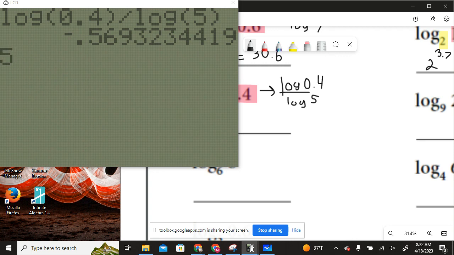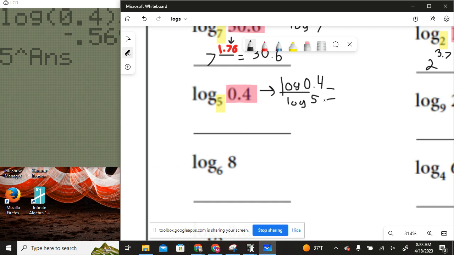So we put our base here, raised to our answer. Let's check. 0.4. It is what it is. So this means that our answer here is, we're going to round this to the hundredths place. So 0.57. And that'll work for us.